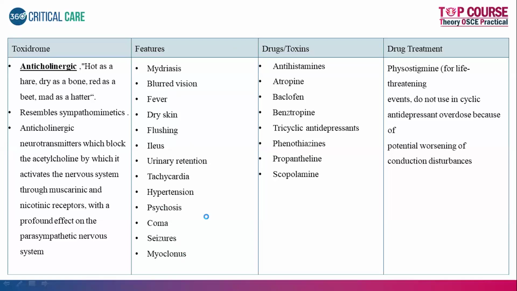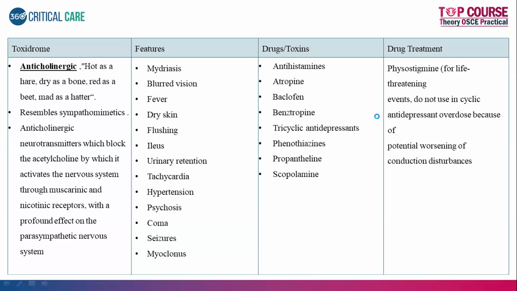The drugs which cause these are antihistaminics, atropine, baclofen, benztropine, tricyclic antidepressants, phenothiazines, and scopolamine. All these cause the anticholinergic toxidrome, where all these features are present.